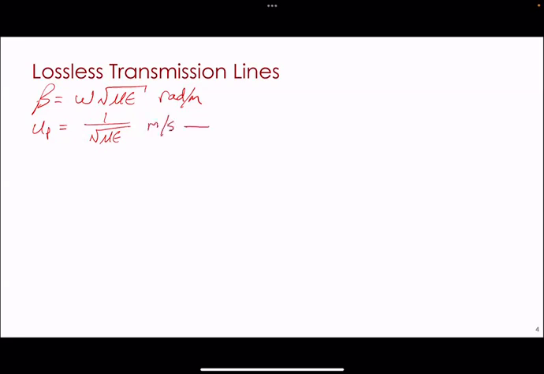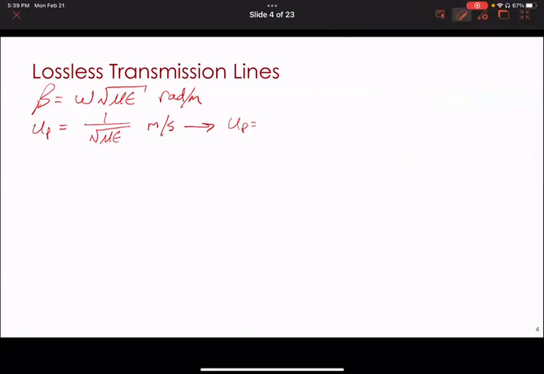Let's expand this a little bit. UP equals 1 over the square root, where mu equals mu naught mu r, and epsilon equals epsilon naught epsilon r. The naughts, the subscript zeros, are the free space values, and those are just constants. You can have those written on your formula sheet. They're never going to change.